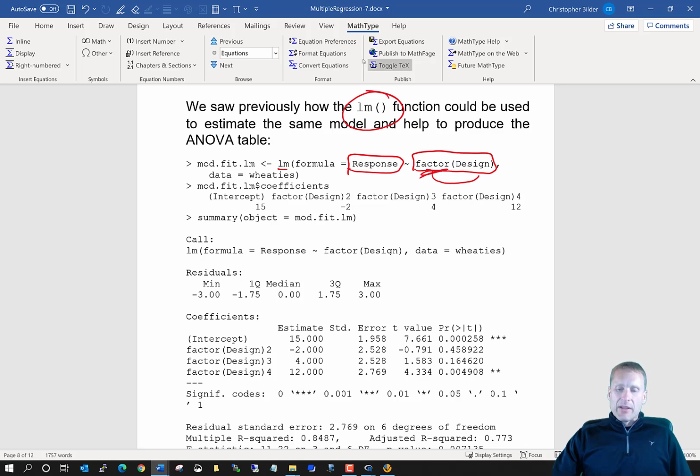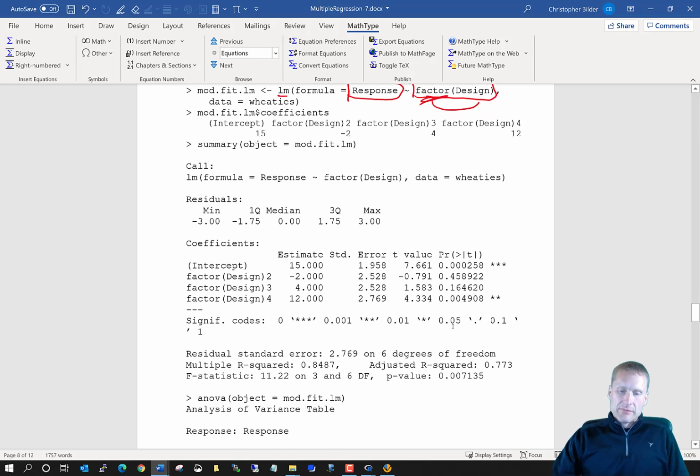And what ends up happening then, let me go here in my notes, excuse me for a second. This is on page 8. What R does is it estimates 3 betas corresponding to indicator variables for factor levels 2, 3, 4, and then it also estimates the y-intercept, beta hat 0.